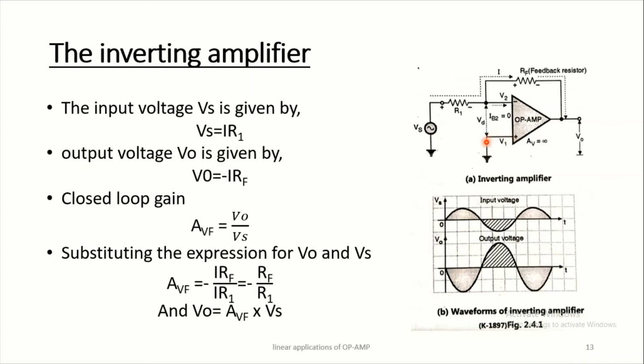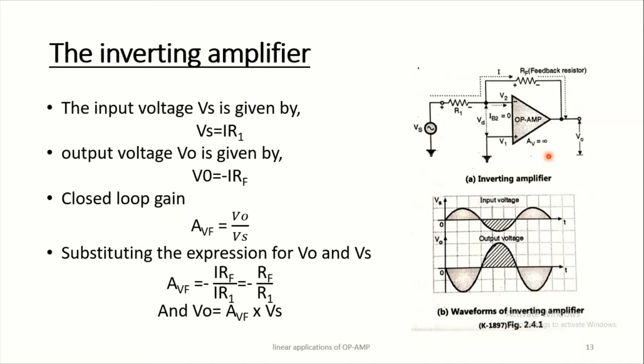The non-inverting terminal is connected to ground and its voltage is V1, the inverting terminal voltage is V2, and the input signal is Vs. R1 is the input resistance, Rf is the feedback resistance. Vd is the differential voltage between these two terminals. Vo means output voltage. Av for an ideal amplifier is infinity.